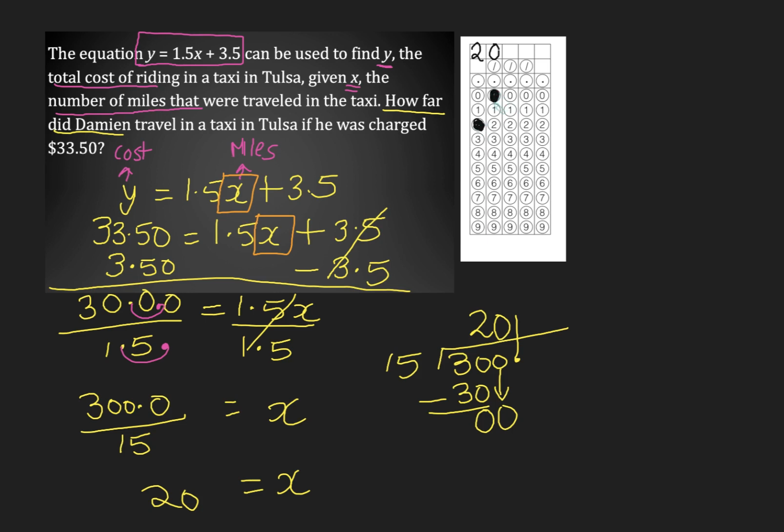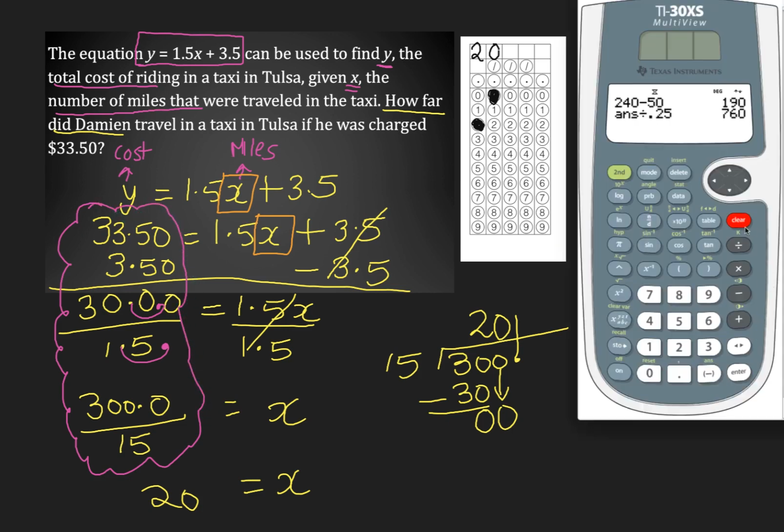So whenever it comes to the gridded response, remember what I said. It's best to write your answer in the top columns, and that will guide you on how you should shade in your answer. Again, if this was on the calculator section, remember that only this section right here, you're using the calculator for.